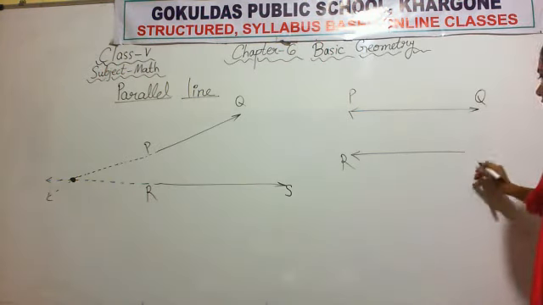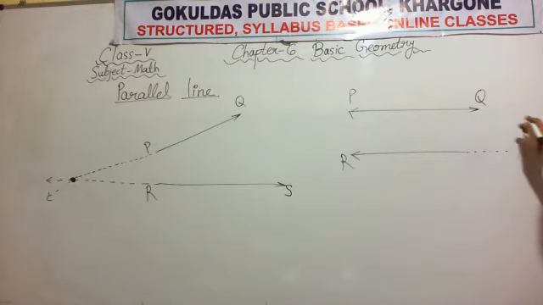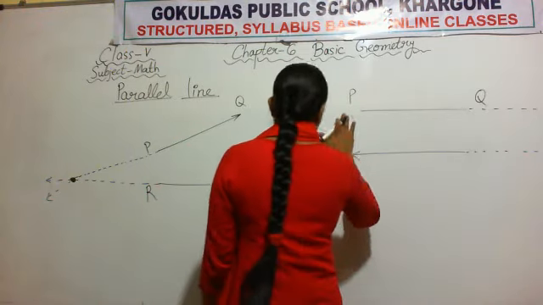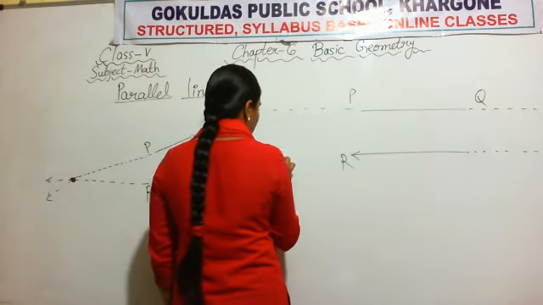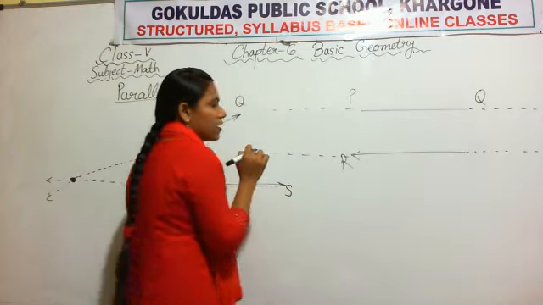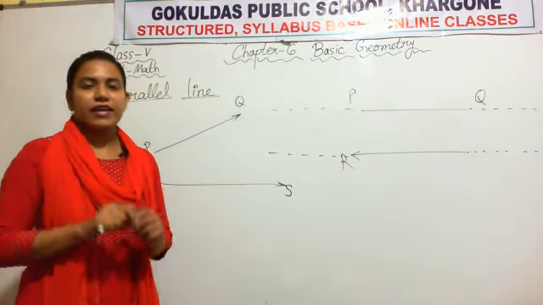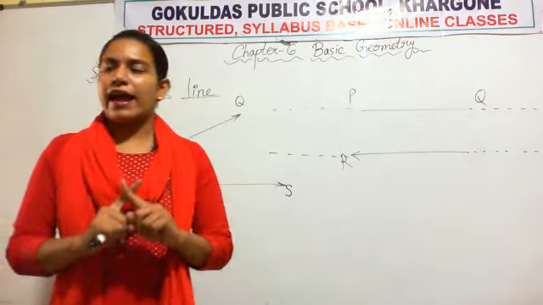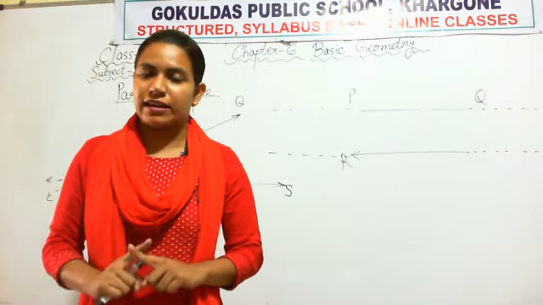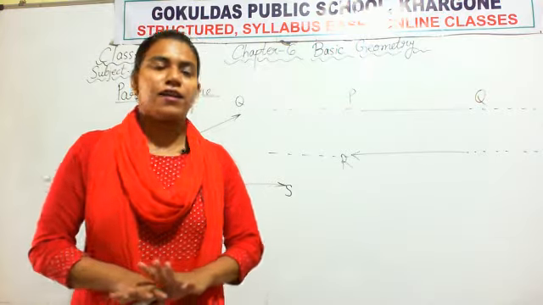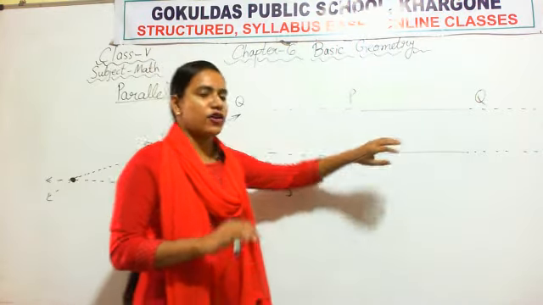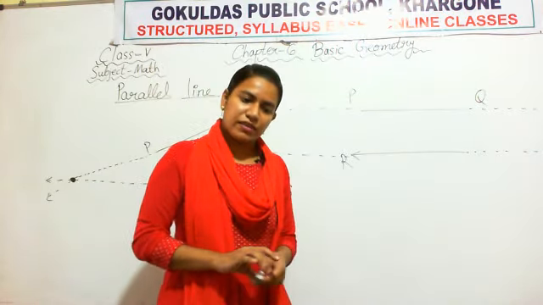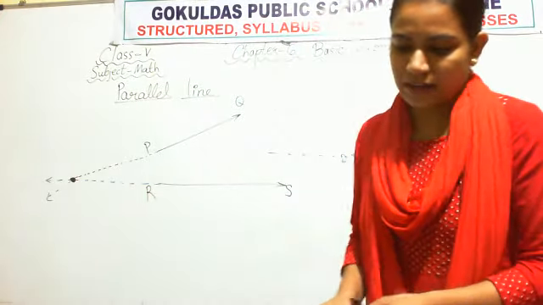Because if I extend this further, both are not crossing each other. If I extend this side also, both the lines are not crossing each other, which means they are parallel. If lines are crossing each other at a particular point, they are intersecting, they are not parallel. But if they are straight and not crossing each other, they are known as parallel lines.